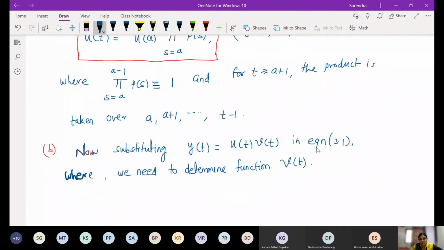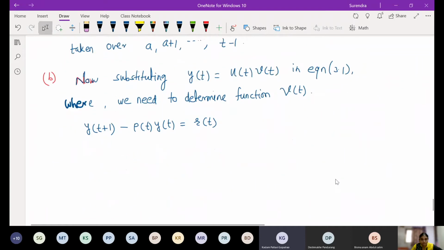So if we substitute in 3.1, what will we get? What is my 3.1? Y at t plus 1 minus p of t y at t is nothing but my r t. That is my 3.1.